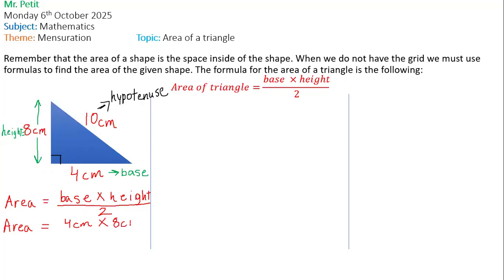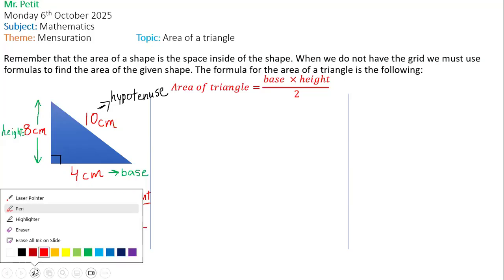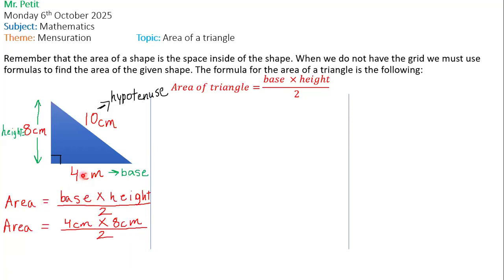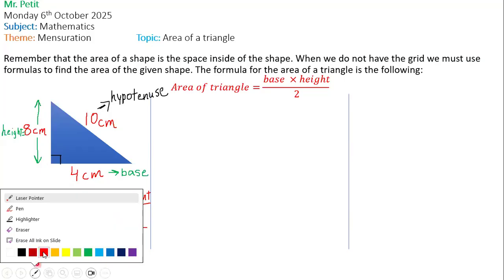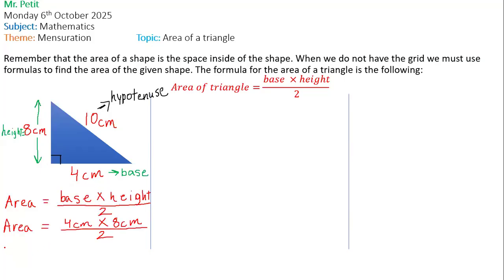And we have to divide all that by 2. Any confusions on how we substitute there? The base is 4 centimeters, we put 4 centimeters there. The height is 8 centimeters, we put 8 centimeters there. So 4 times 8 is what? So 32.